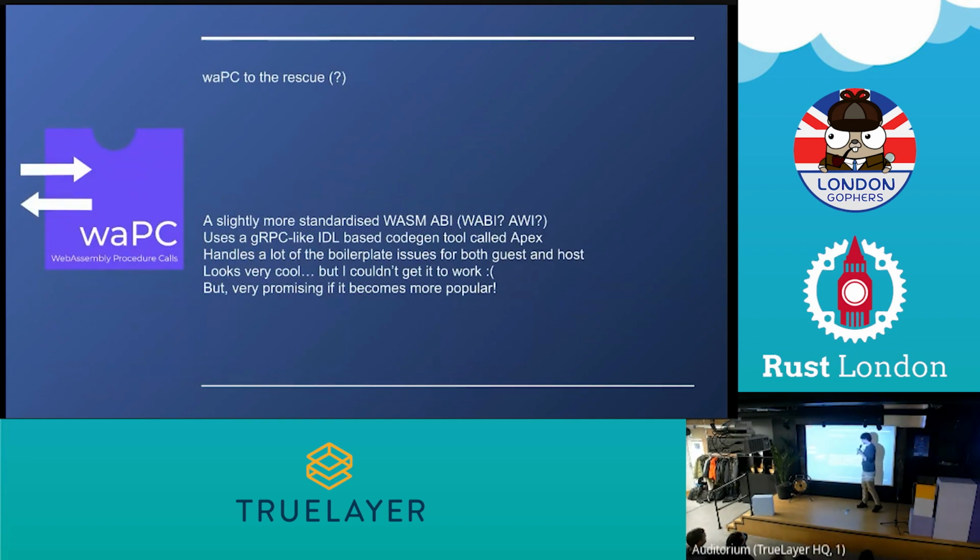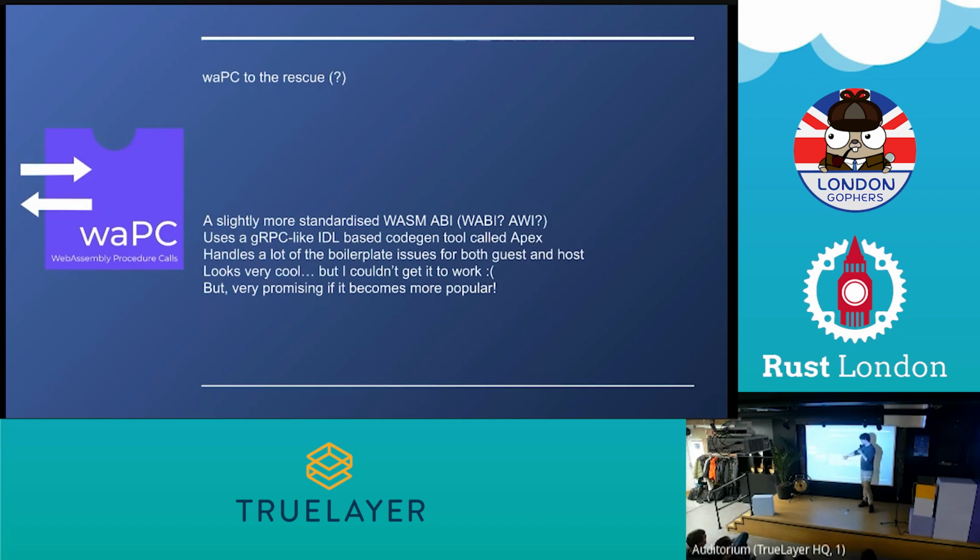So yeah, there is a slightly more standardized ABI that's trying to gain traction. It's called WAPC that I mentioned earlier. They're trying to standardize an ABI, an application binary interface. They'll probably call it WABI because the WebAssembly trend is to just put W at the beginning of things, and there you go. So AWI, WABI, I don't know what they're going to call it.